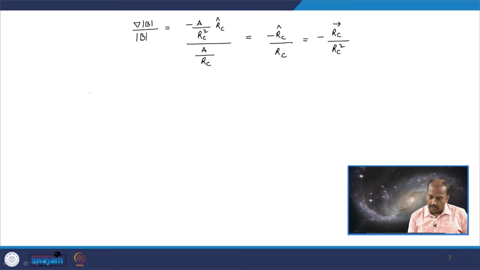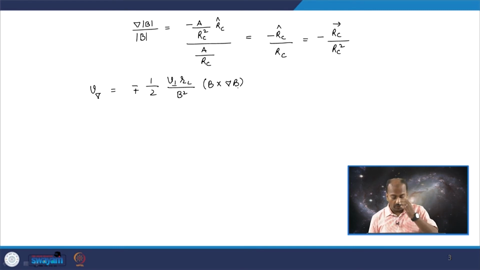Now, coming back to the gradient drift velocity term, which is equal to minus plus half V perpendicular RL divided by B square times B cross del B.